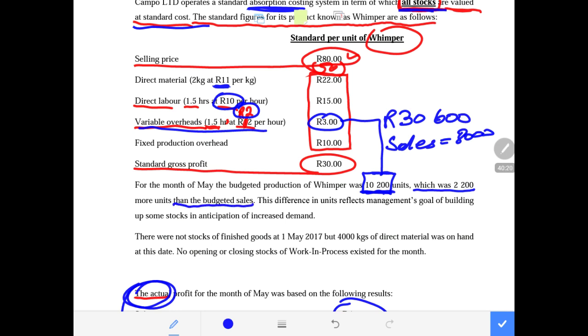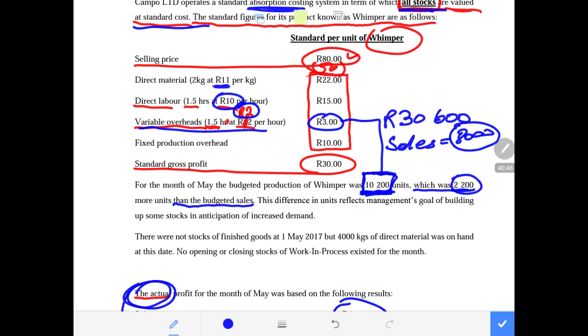So meaning our budgeted sales were less by 2.2 from what we budgeted to manufacture. So the difference between 10,200 and 2.2 will be our sales. Therefore we manufacture 10.2, we sell 8,000, closing inventory becomes 2.2. So that closing inventory is the budgeted closing inventory.